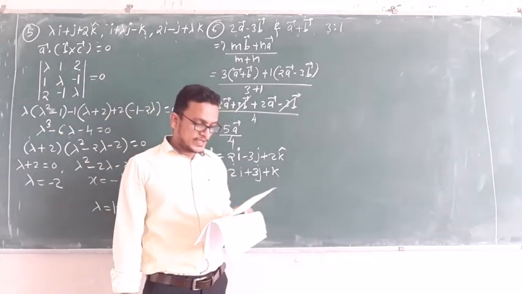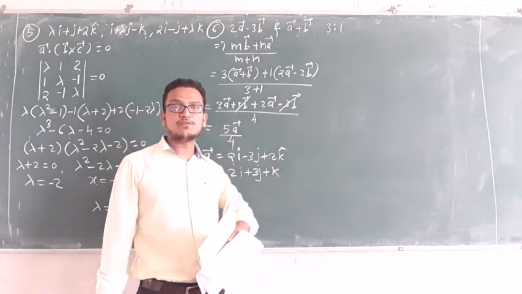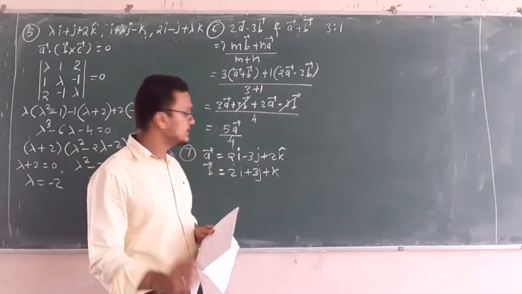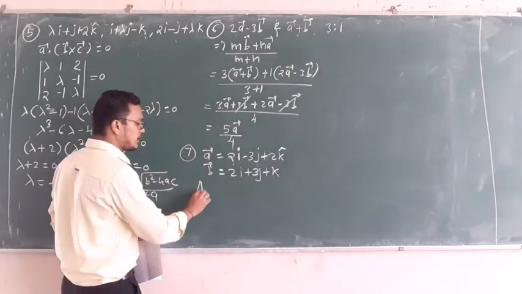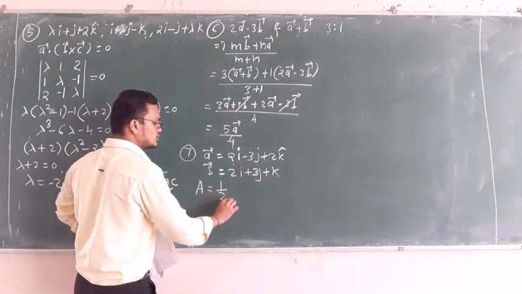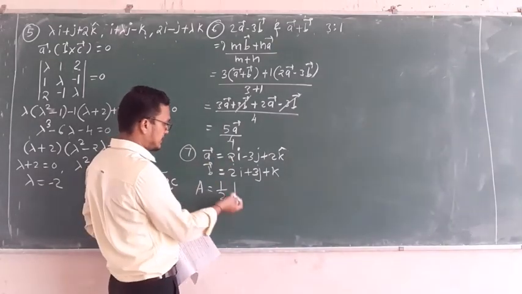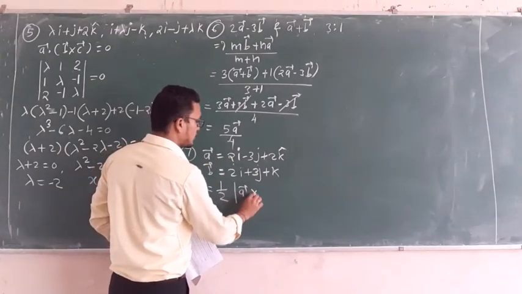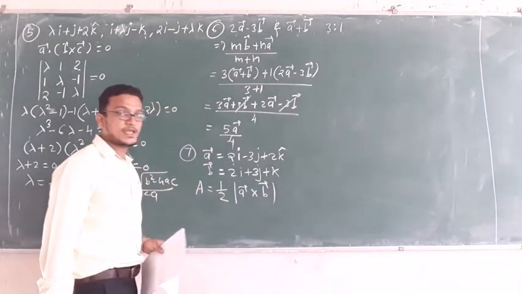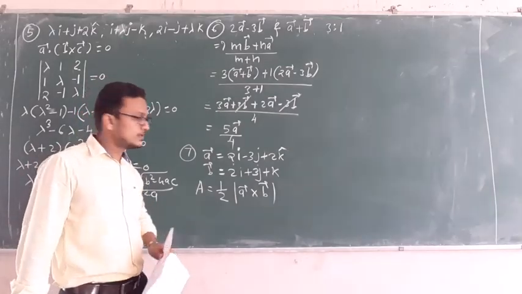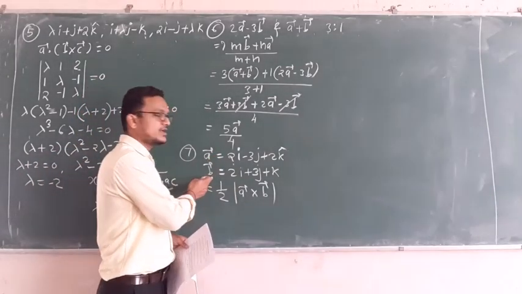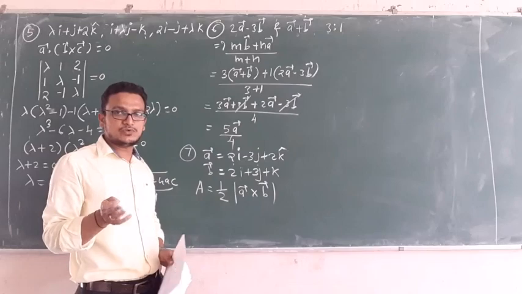Then the area of triangle OAB is... We have the formula, area is equal to half into magnitude of vector A cross vector B. They have said triangle OAB, so you can take this as OA and this as OB, just to confuse you.